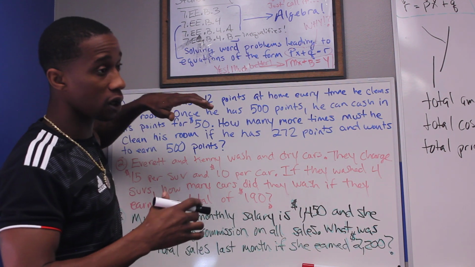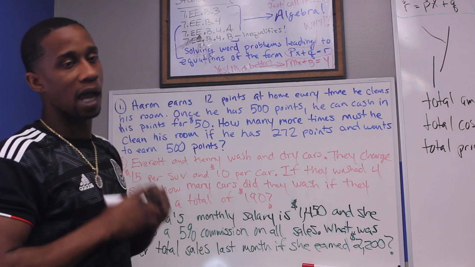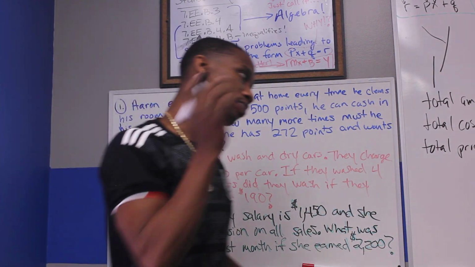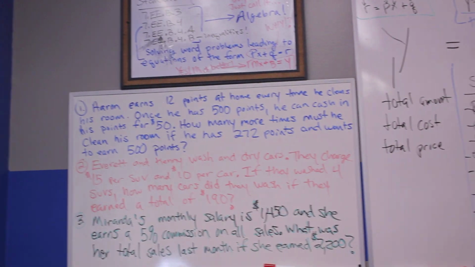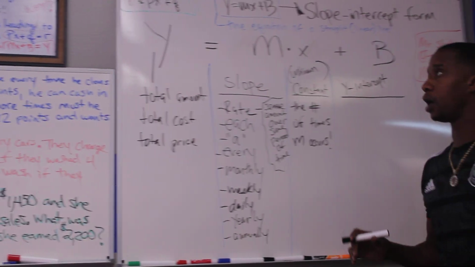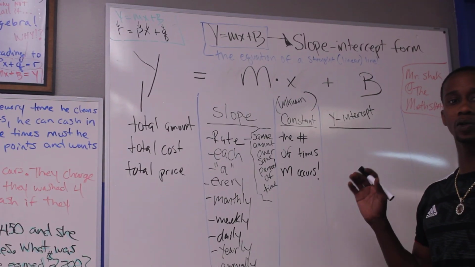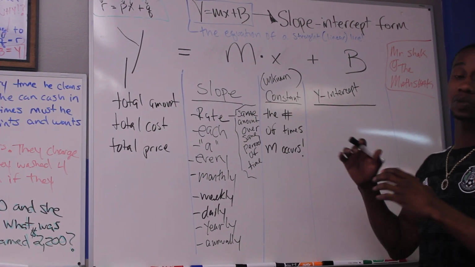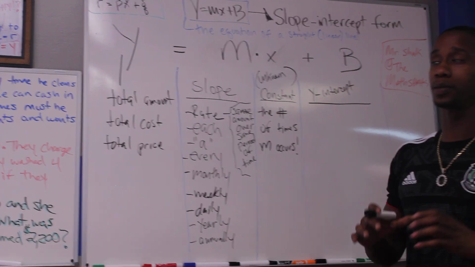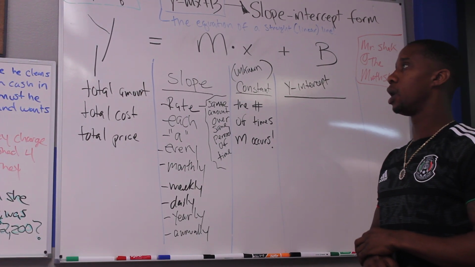We need to know what we're learning and exactly how we're going to tackle it. So let's bring you over here to this other board where I'm going to break down the significance of y equals mx plus b and how it can help students tackle a cluster of problems, not just one problem, but a cluster of problems.